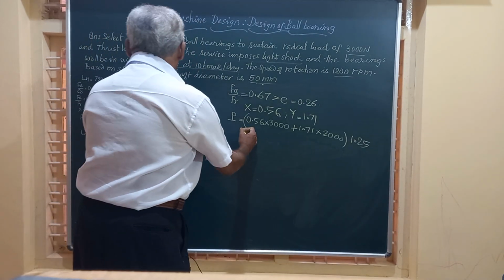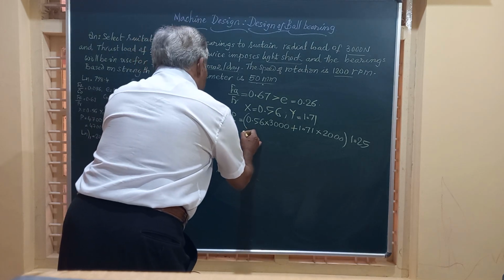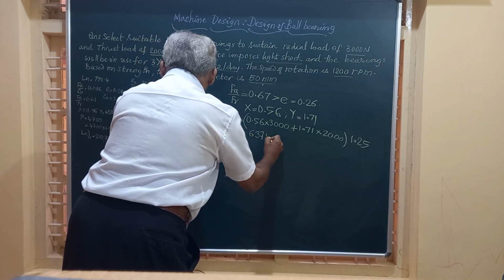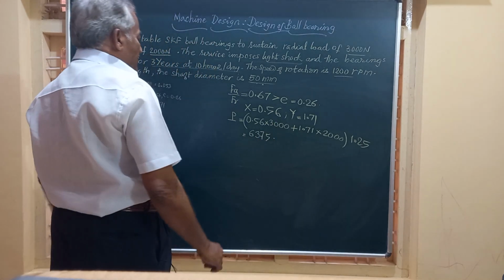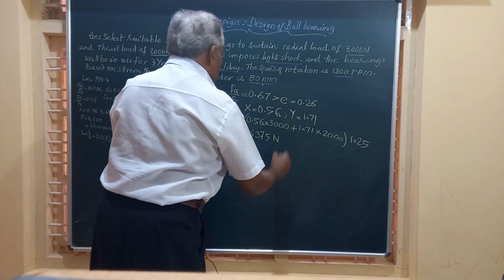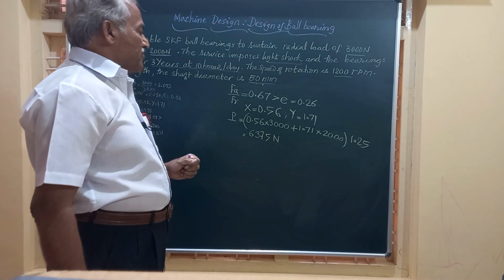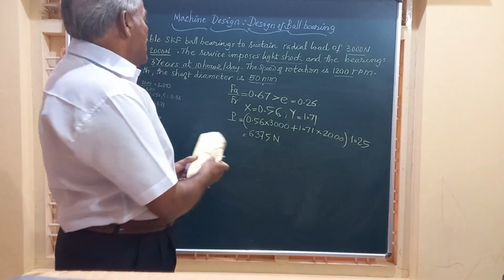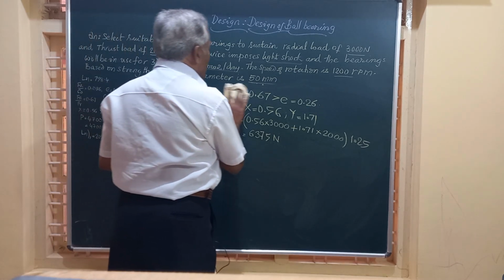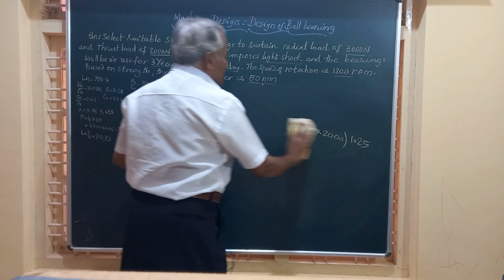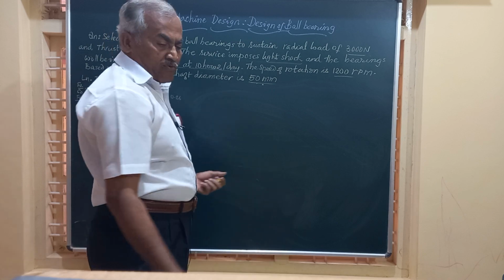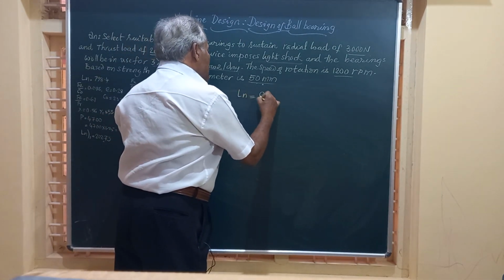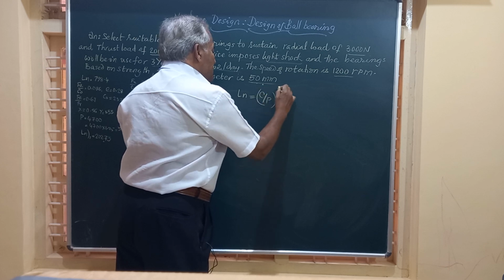So friends, this works out to a final value of 6375, that many newtons. So we get P equal to 6375. Friends, now let us find out what life this bearing will have using the formula Ln is equal to C by P to the power of 3.